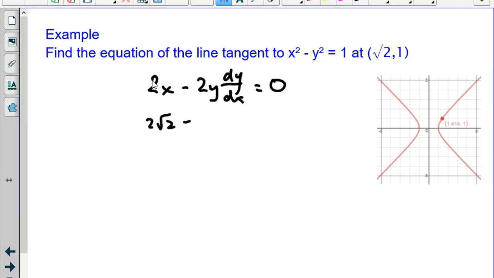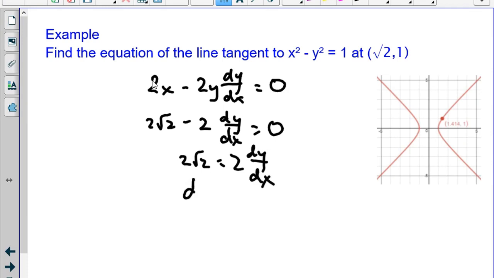So 2 root 2 minus 2 dy/dx equals 0. Get dy/dx all by itself. So we have 2 root 2 equals 2 dy/dx. Divide by 2, we get dy/dx equals root 2. That's the slope of the tangent line at root 2 comma 1.